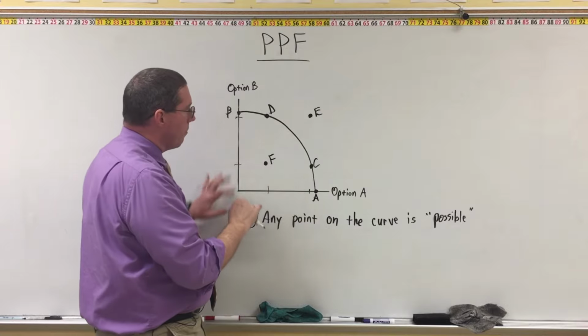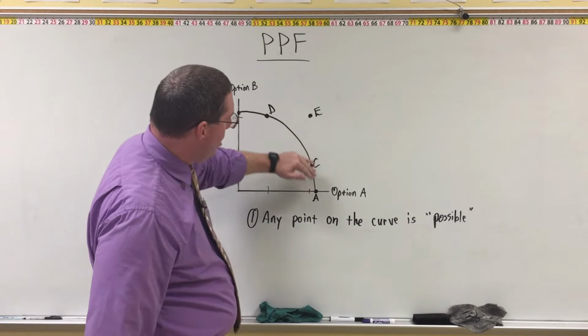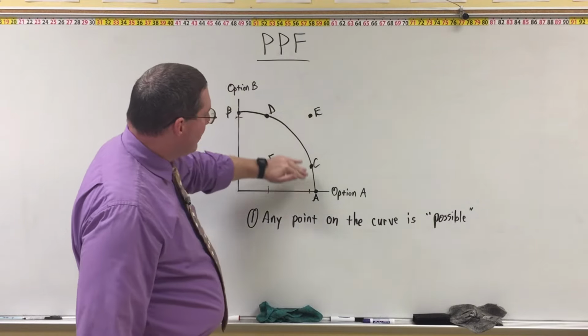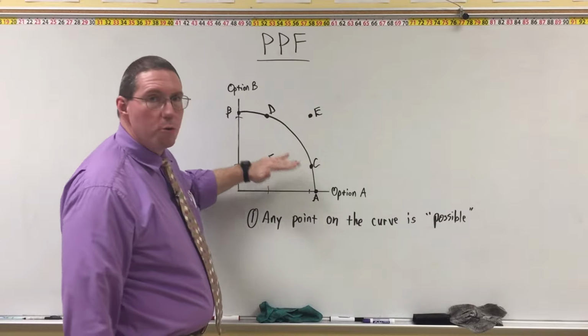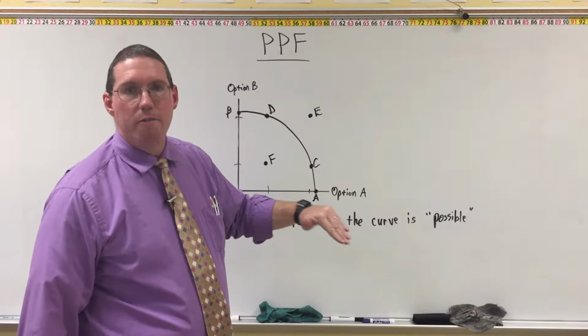But I want you to notice something, that because the curve is bowed out, typically you can produce more when you produce a mix of 2 things.